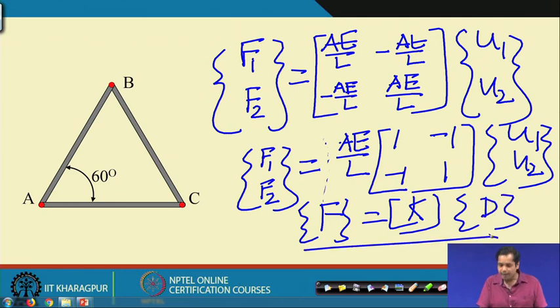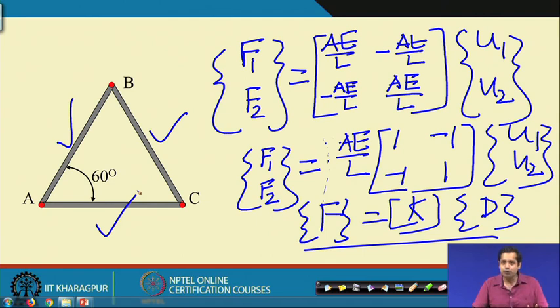So, you see the same stiffness definition we have for one member. Similarly, a similar equation we can have for this member and then assemble it, but the process is not that straightforward.